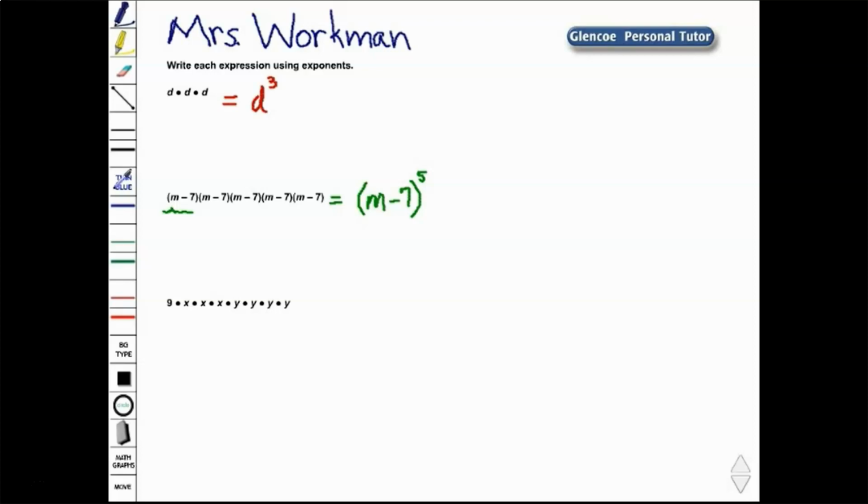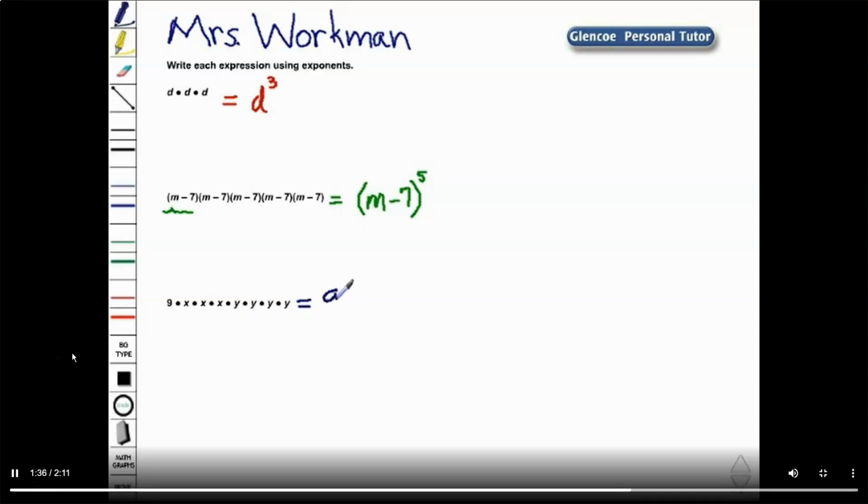And finally, the last example, we notice we have 9 as a factor. The base x is used as a factor 3 times. And here's the base y used as a factor 4 times.